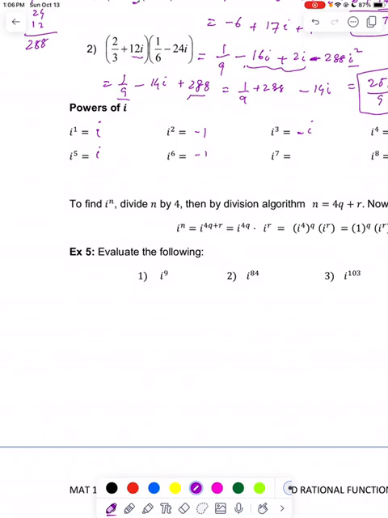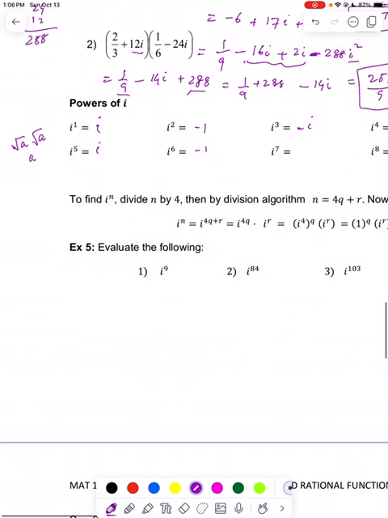And once more, it's using the algebraic rule that if you have the square root of a number times the square root of the same number, then you get back the number. So the square root of negative 1 times the square root of negative 1 is i times i, which is i squared, which is equal to negative 1.